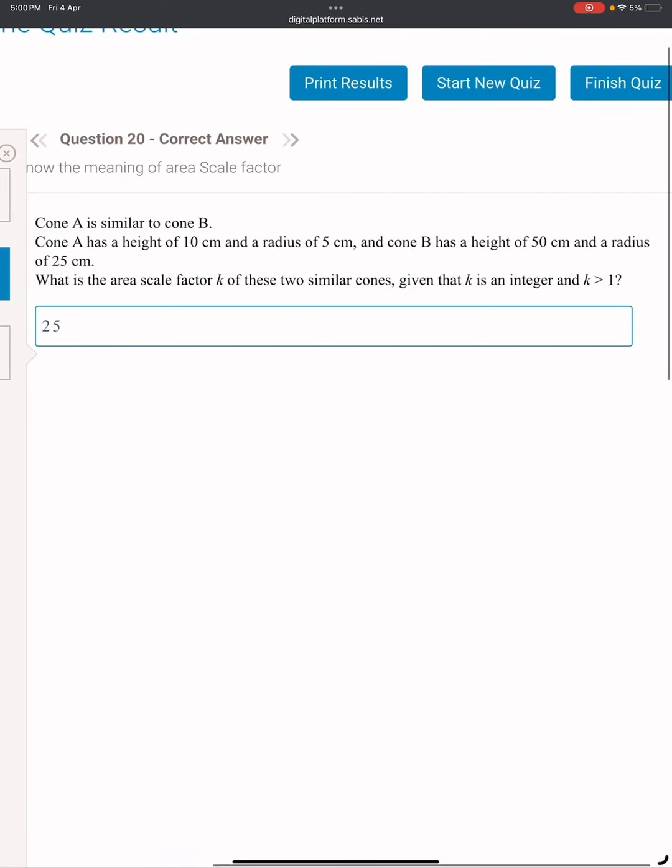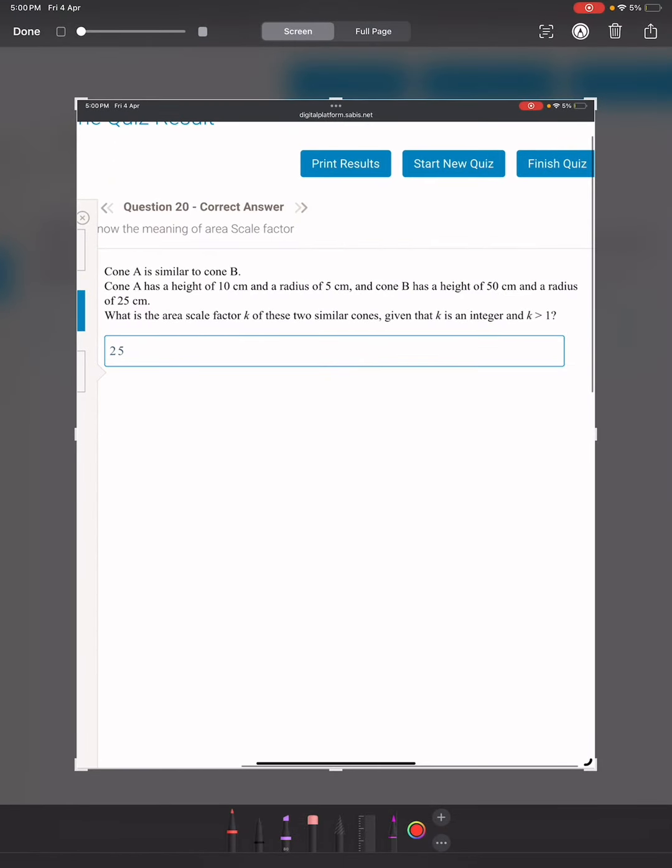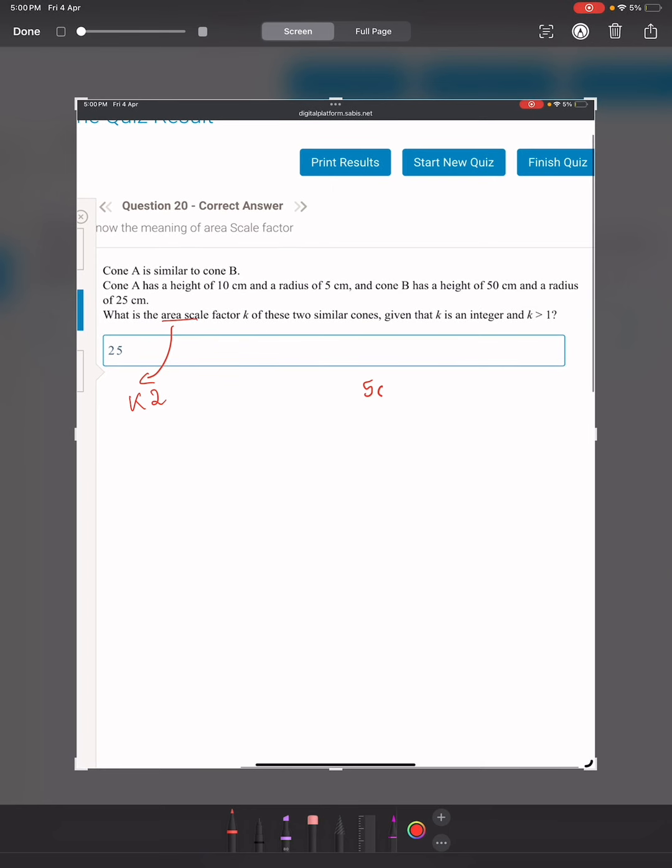So when they say area scale factor k, this means whatever ratio you find of the corresponding sides, you square. So area is going to be k squared. Now we can solve. Let's find the ratio of the corresponding sides. So we're going to do 50 height over height, which is 10.